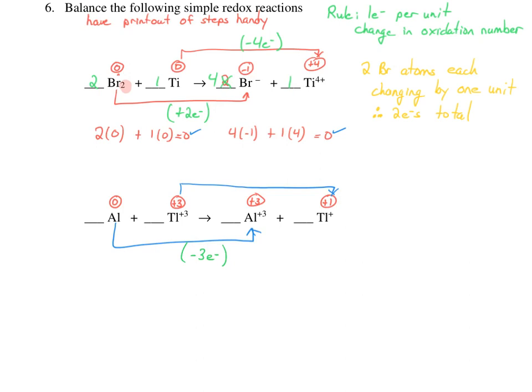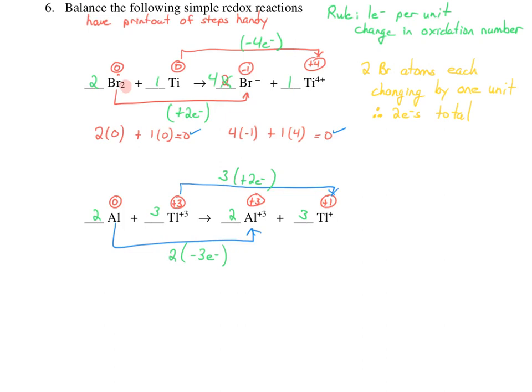That's 2 units change. That involves 2 electrons. Now we want to match electrons lost to electrons gained. We consider the lowest common multiple of 2 and 3. That would be 6. So we want 6 electrons lost, 6 electrons gained. So we need to double the amount of aluminum that's involved and triple the amount of thallium.